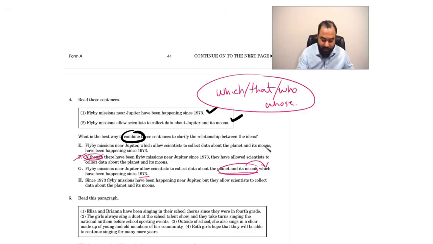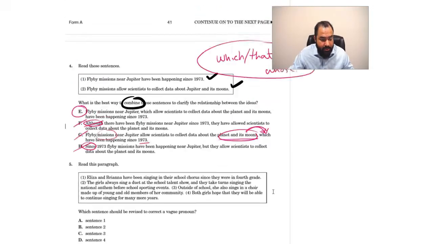We're talking about the missions having been happening since 1973. That's perfectly done in E, "flyby missions, which allow scientists," right next to it. So E is the right answer in this case, but G is not, because here it sounds like the moon and the planet are being described as having been happening since 1973, which is not the case. Now, the word "since," is it used for cause and effect? There is no cause and effect. So we'll go with the answer E.